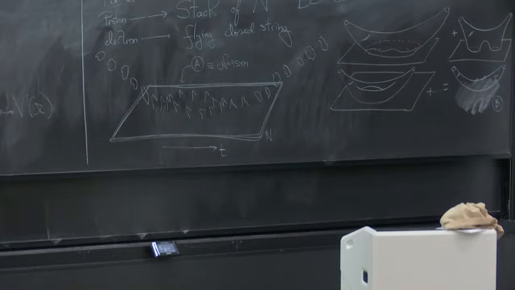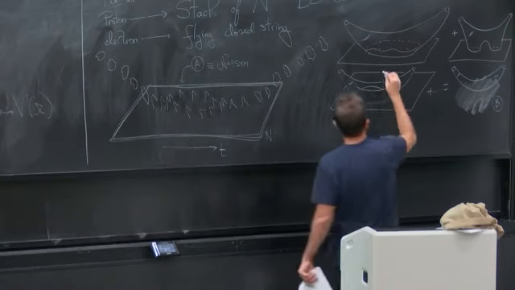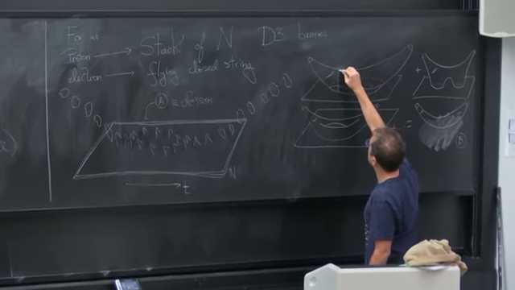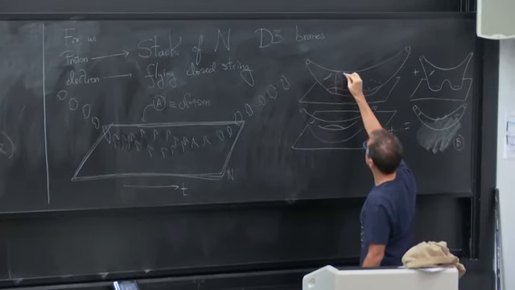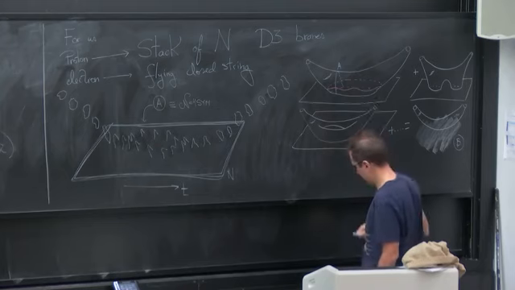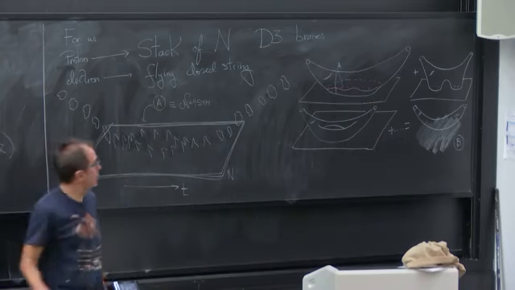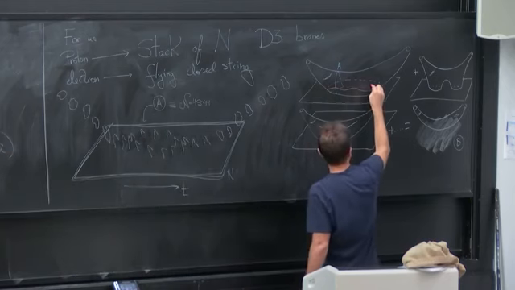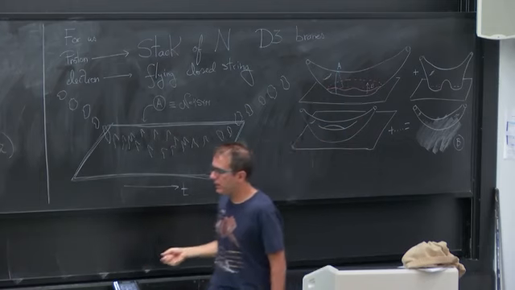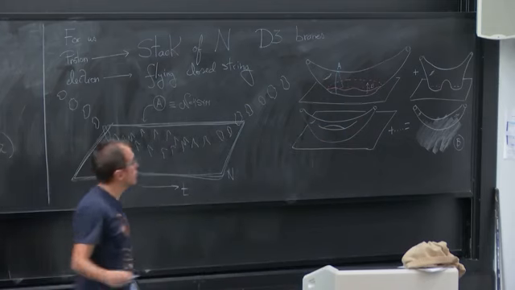So this would be the point of view B of sending this closed string, and this would be the point of view A. B propagates like this, and A, we think of it in the other direction.